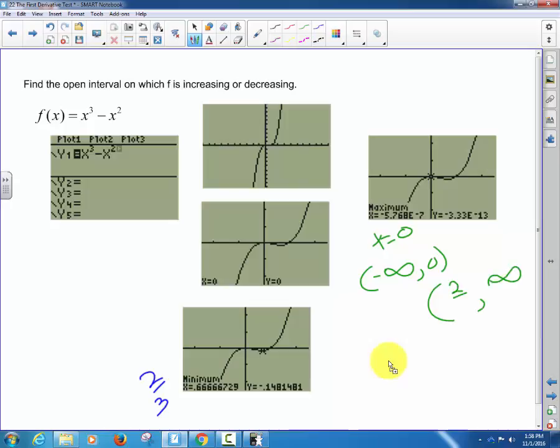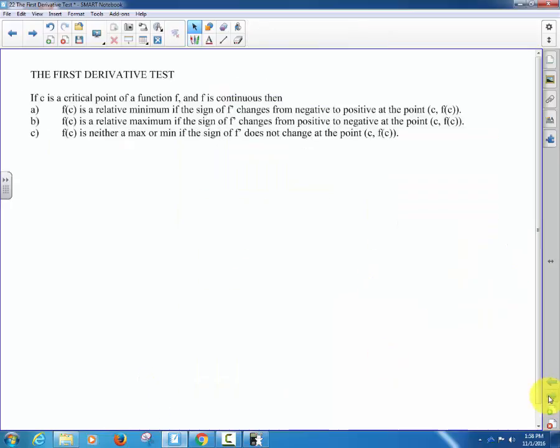Right, from 2/3 to infinity. Because what does the function do? The function goes up, the function goes down, the function goes back up. So it's increasing here, it's decreasing between 0 and 2/3. Questions, comments, observations? Am I just boring you to death at this point in time?